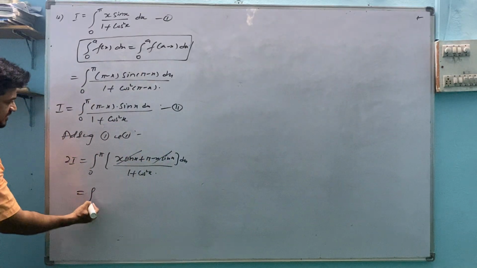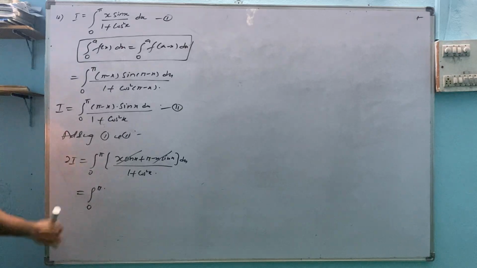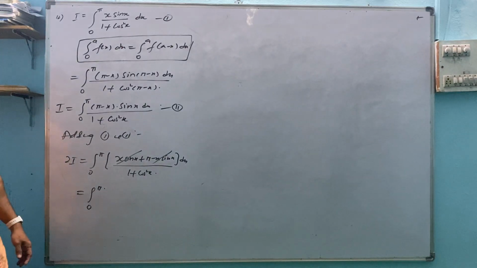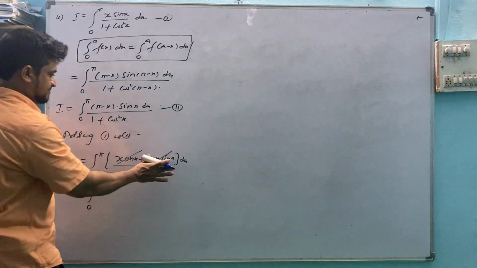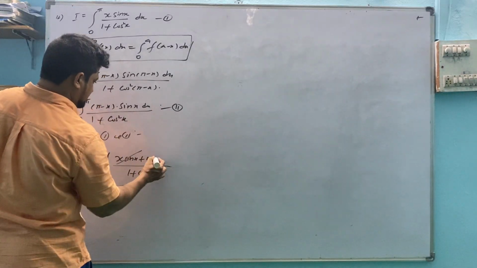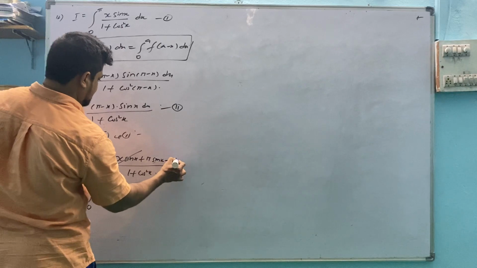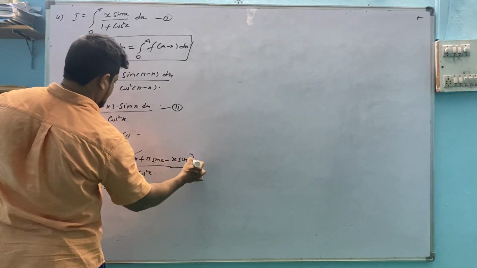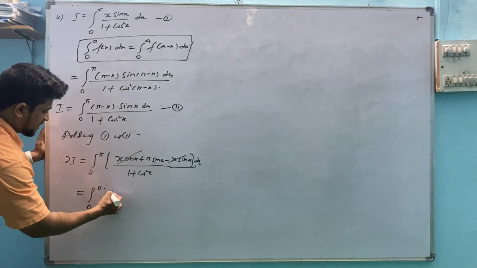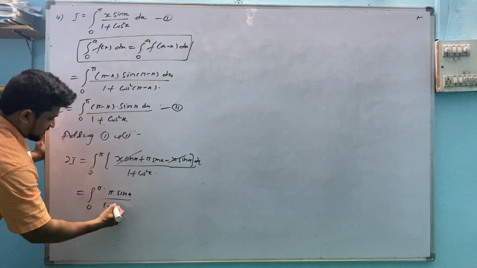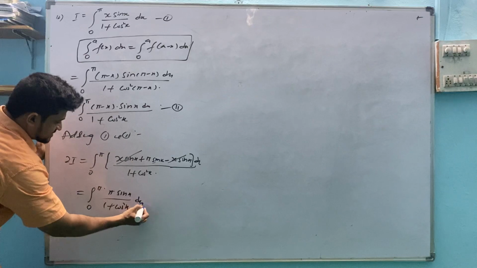Now we got the integral 0 to pi of sin x divided by 1 plus cos square x dx.